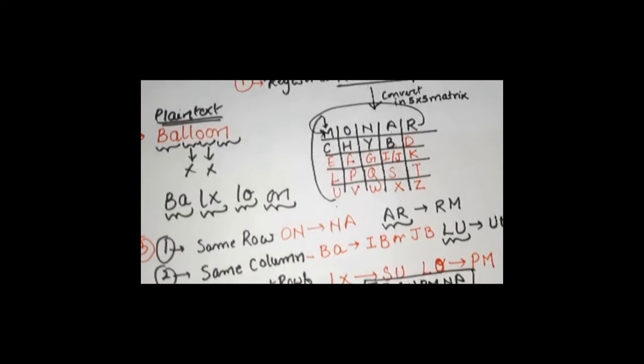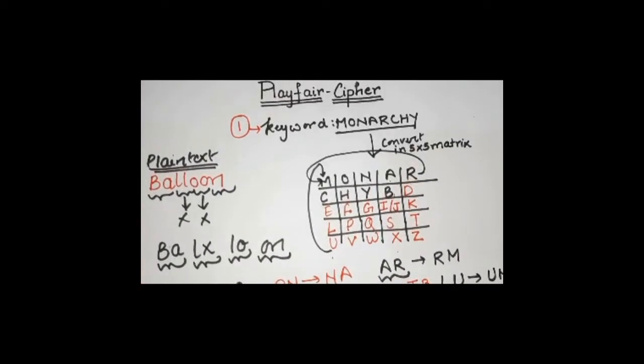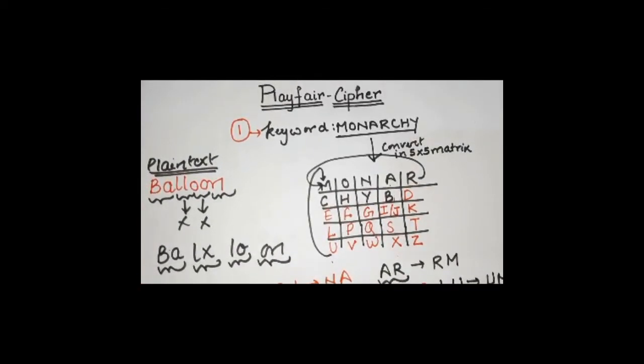So this is the entire procedure for the Playfair cipher. Remember what you have to do. You have to first construct a 5x5 matrix from the given keyword. Given keyword could be anything. After converting into a 5x5 matrix, you then have to pair up the plain text.